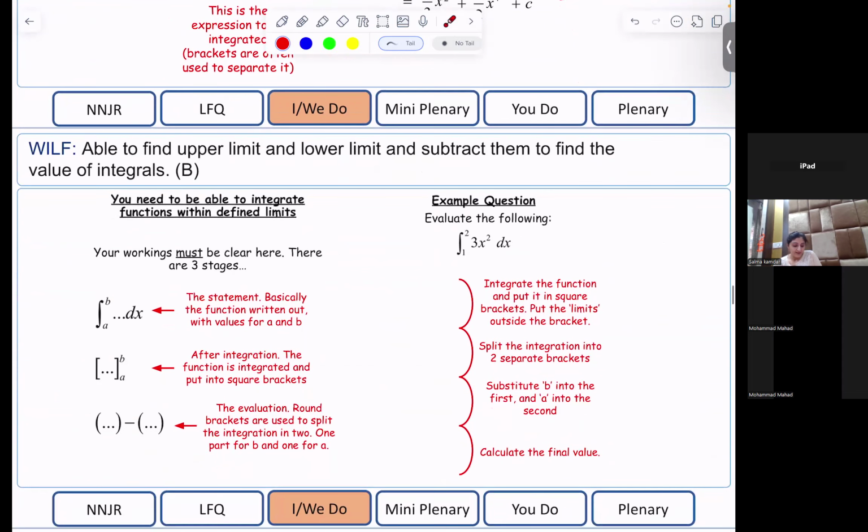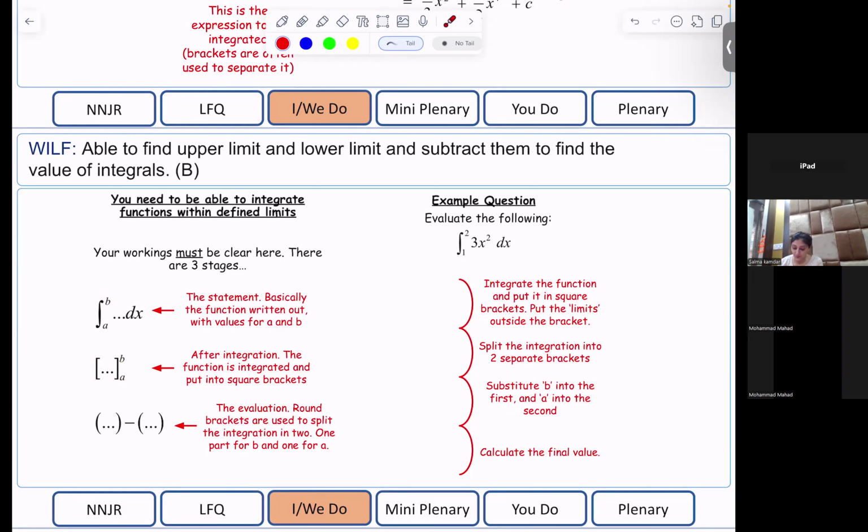Okay, fine. If I have the integration with defined limits, this is the upper limit, this is the lower limit. In that case, we will integrate it as normal and I will put a boxed bracket. If I'm putting a boxed bracket, do I need to add C?